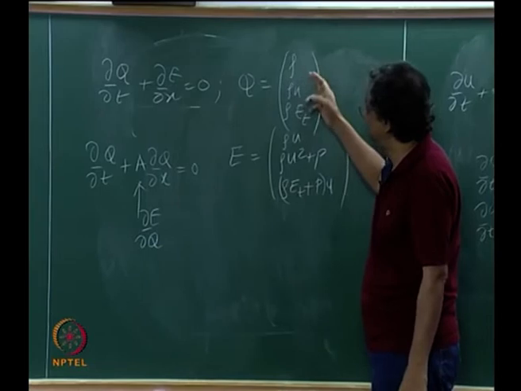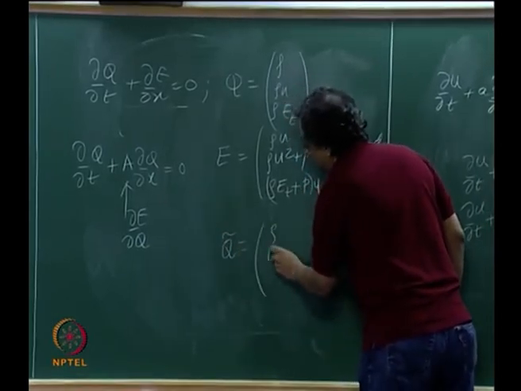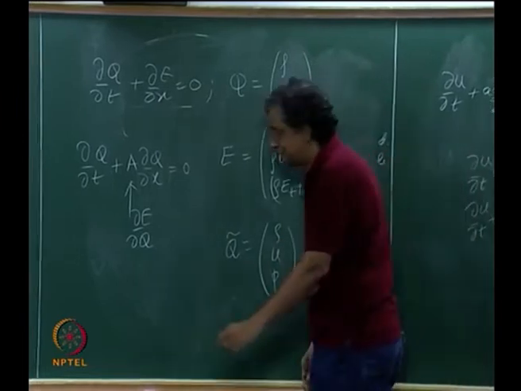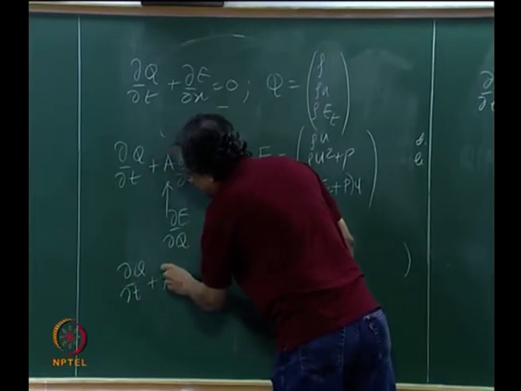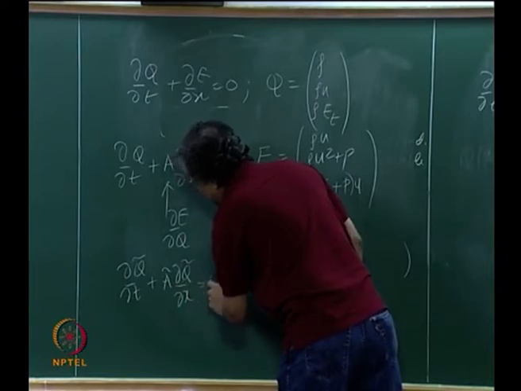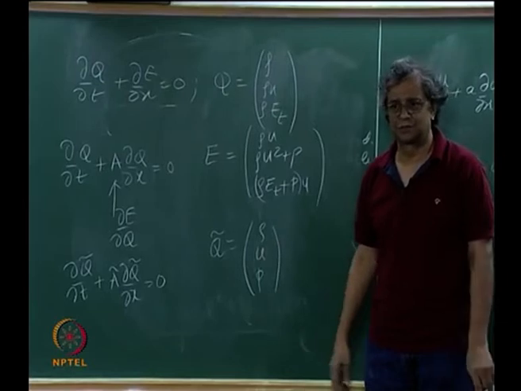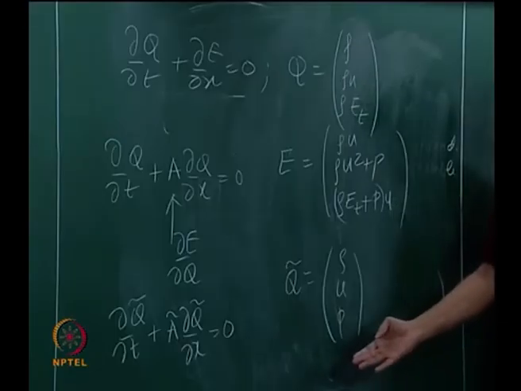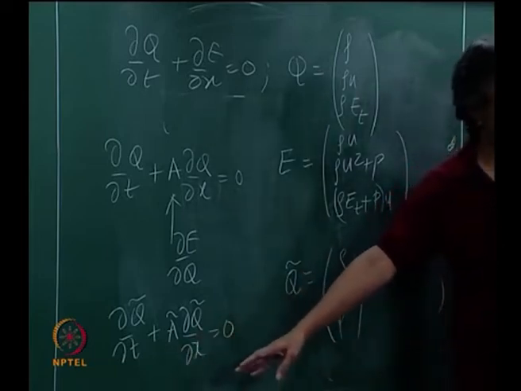We tried to change the variables from Q to Q tilde, which was rho u p, and that did not help either, that still gave a coupled system of equations, ∂Q̃/∂t plus Ã ∂Q̃/∂x equals 0, in terms of Q tildes, which are non-conservative variables, a certain combination. Of course we could have used rho u t also, right. So it turned out this was still coupled.